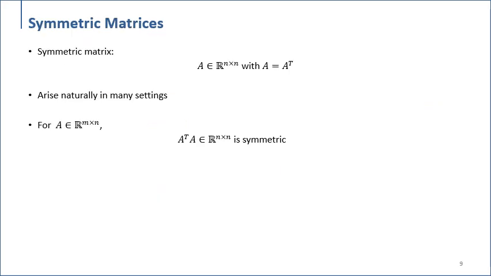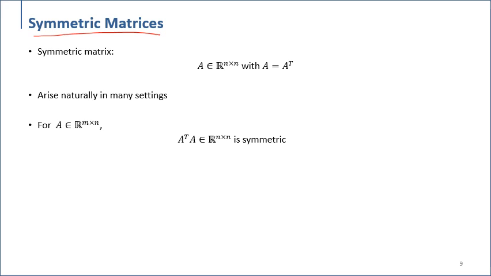Yeah, and now let's learn one of the special forms of matrix, which is the symmetric matrix. A symmetric matrix has several interesting properties, so you guys should be familiar with this.